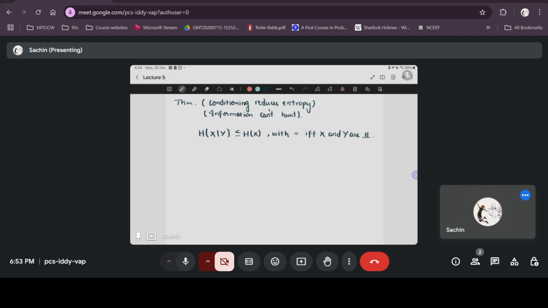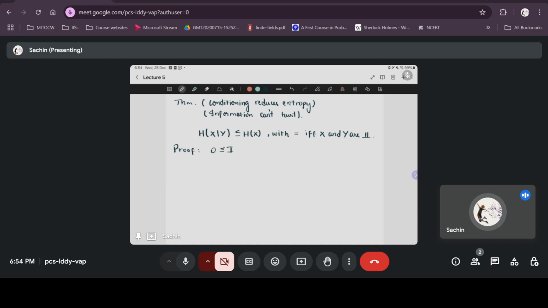That is, if there are two random variables x and y, where y might contain some information about x, knowledge of y cannot increase the uncertainty in x. So it might decrease or it might not change anything about the uncertainty of x. A proof is simply one line.